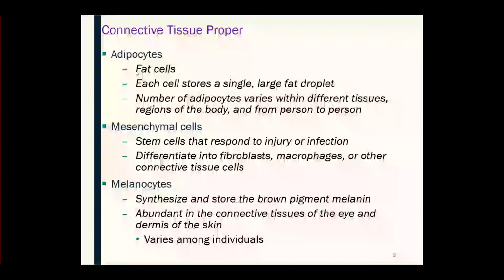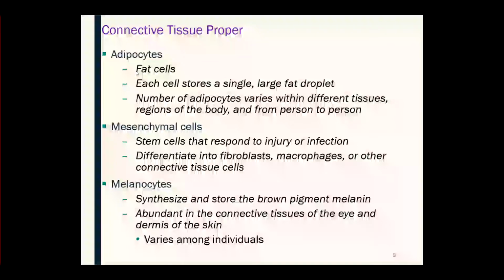Another type of cell is known as mesenchymal cell. Think of these cells, guys, as stem cells. We have these different stem cells in our connective tissues, and they just kind of hang out. But once they're stimulated from either an infection or maybe injury, these stem cells can turn into different cells that we need for repair.